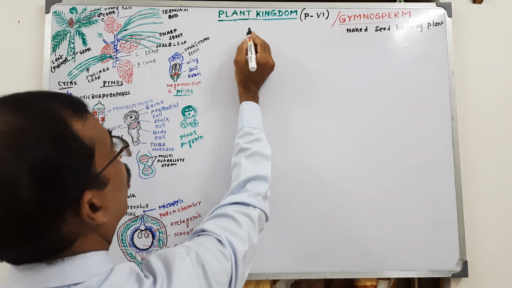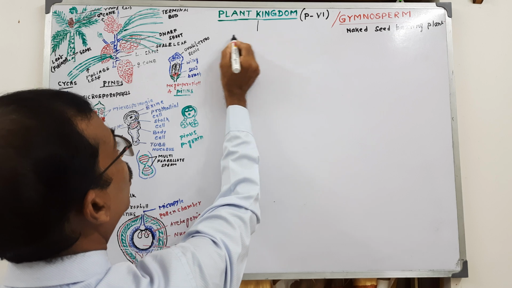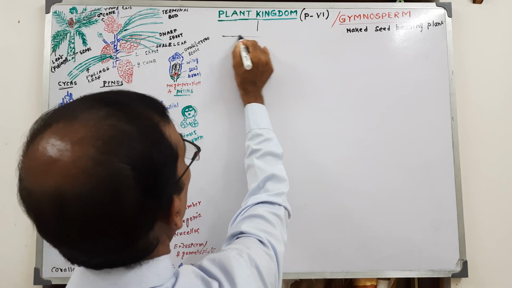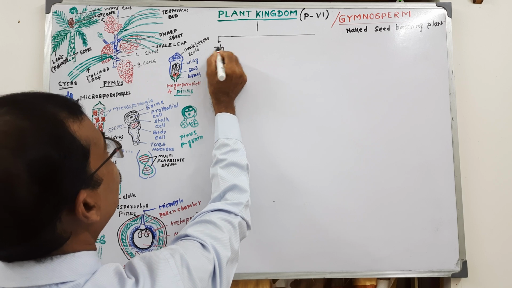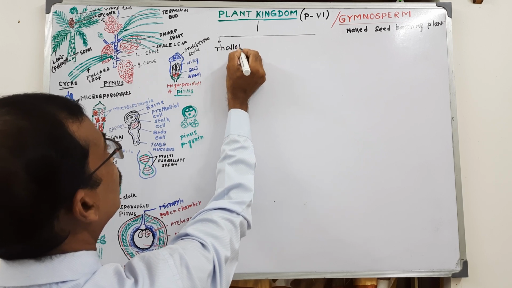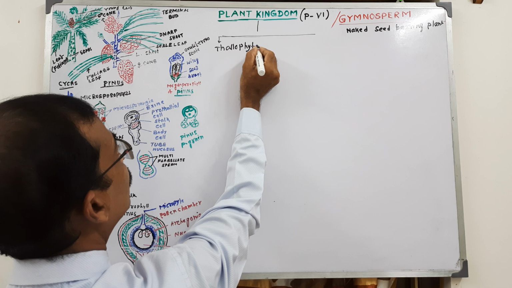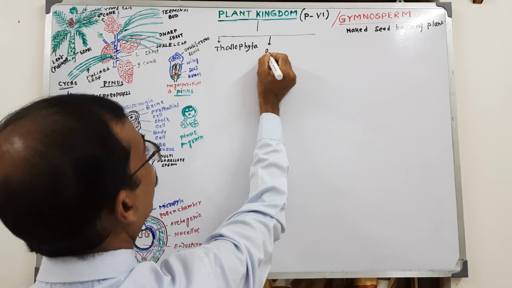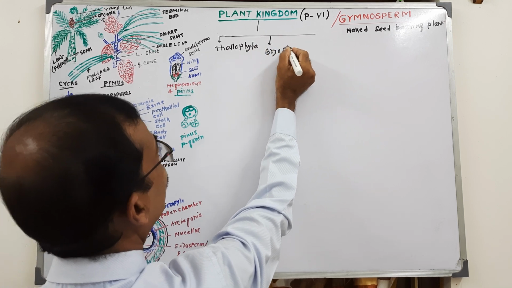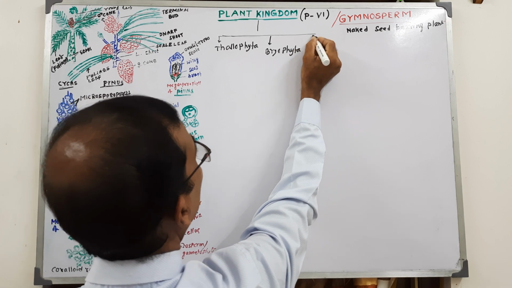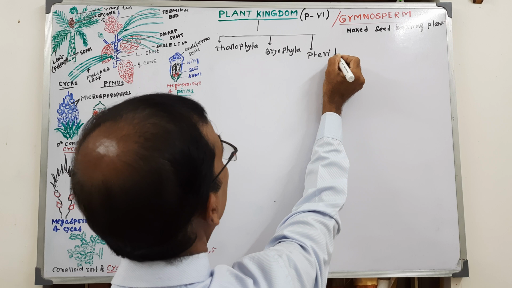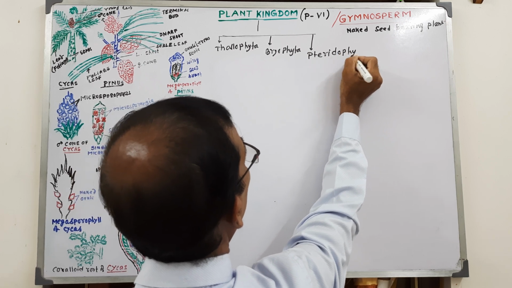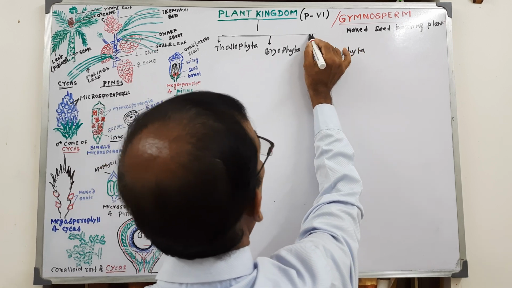According to plant kingdom, we know the plant kingdom is divided into 4 divisions, that is Thallophyta, Bryophyta, Pteridophyta, and Spermatophyta.